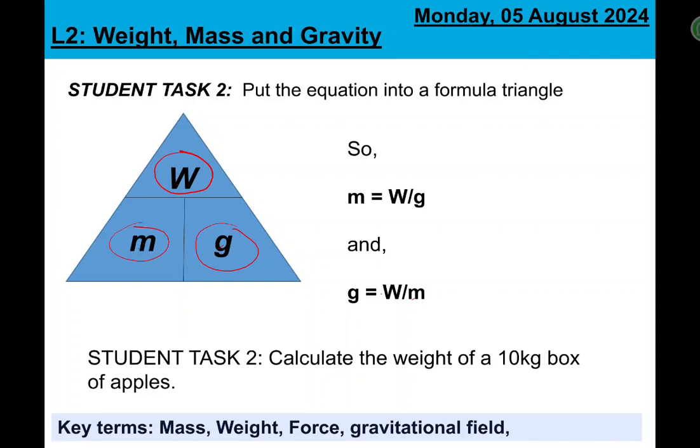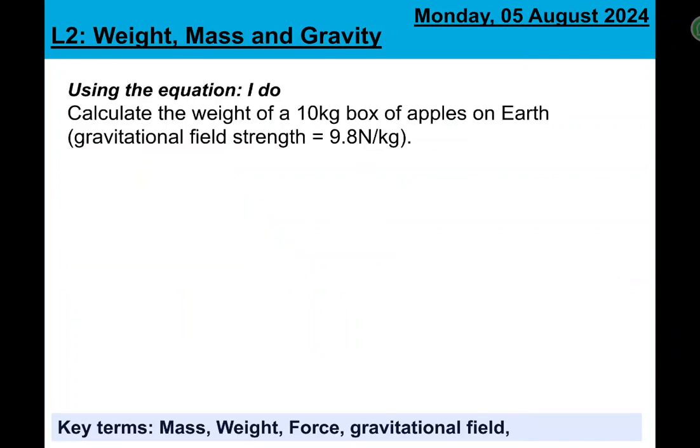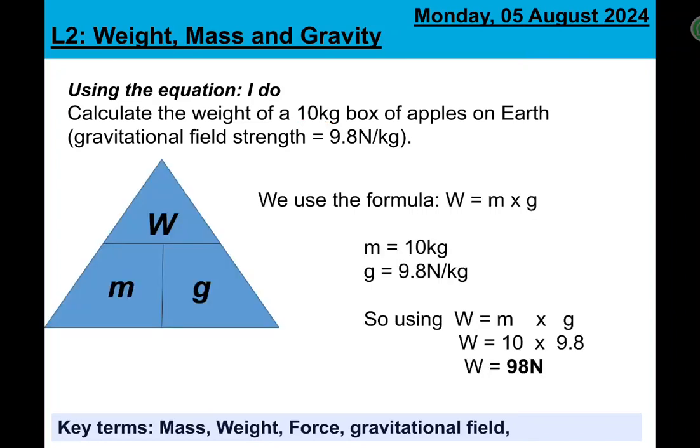Calculate the weight of a 10 kilogram box of apples. The mass is 10 kilogram, and the gravitational field strength, we said, is 9.8 Newton per kilogram. So using W is equal to M times G, W is equal to 10 times 9.8, and the weight is equal to 98 Newton.